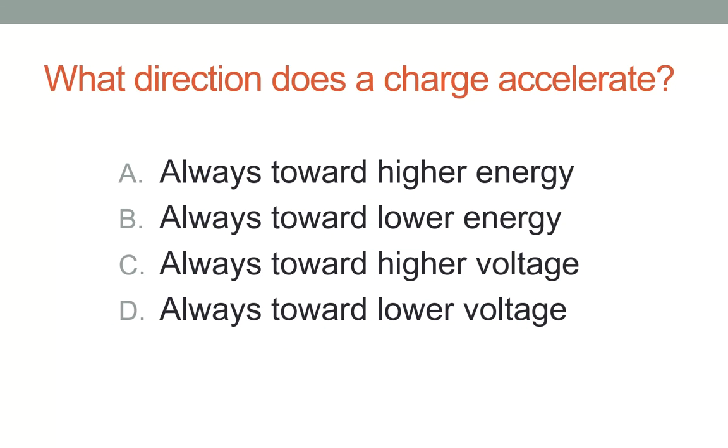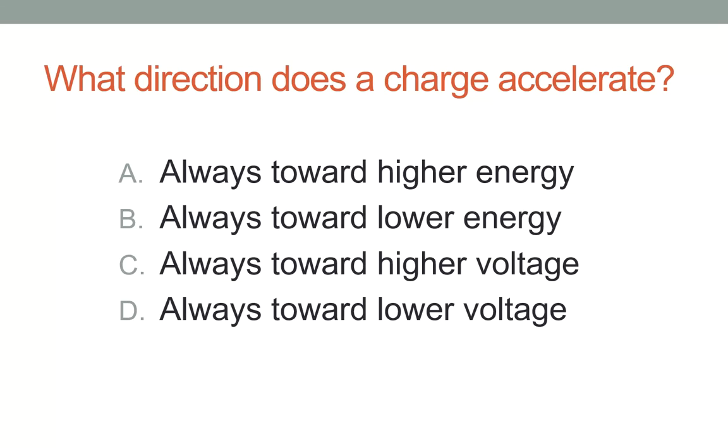So, again, I'm just blurting. What direction does a charge accelerate? It always does one of these things. Whether it's an electron or a proton that's free in space, which thing does it always do? Does it go to higher energy, lower energy, or higher voltage or lower voltage?